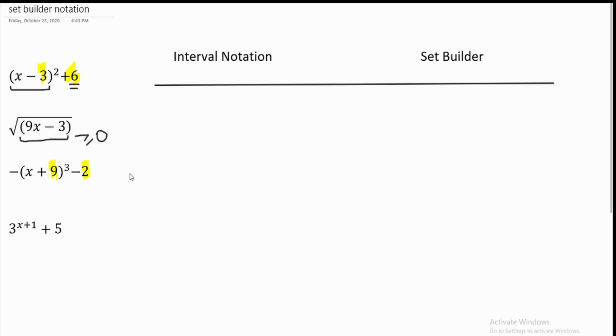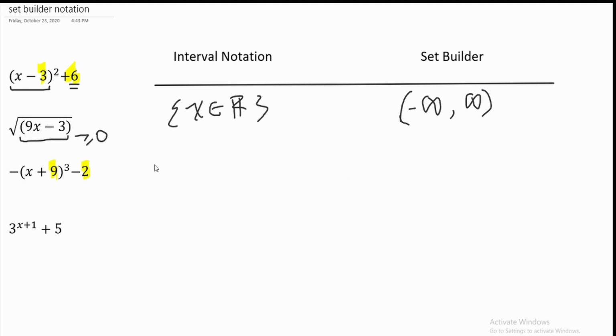However, we should still remember this is a cubic function. Cubic functions have no restrictions on their domain and range. So we can simply write x is an element of the real numbers, because all real numbers can be put in here. Set builder, we have a bracket, negative infinity, and infinity.